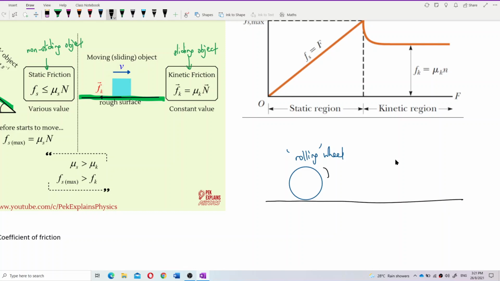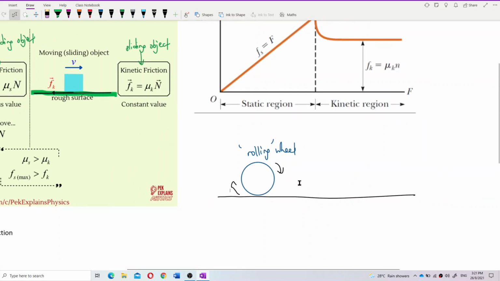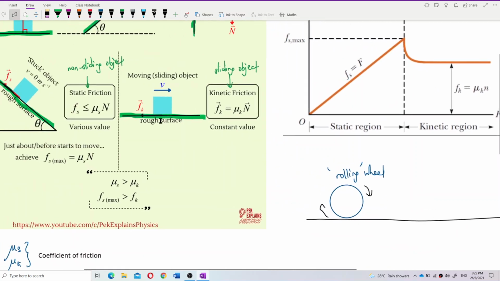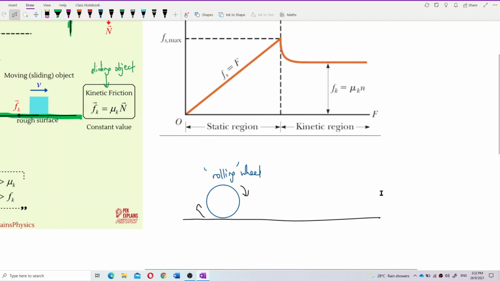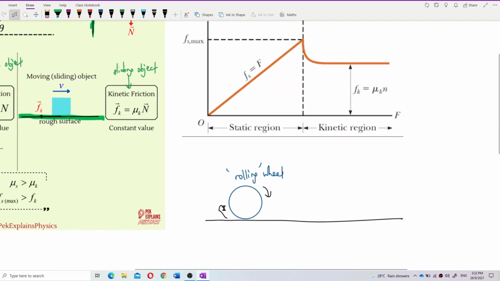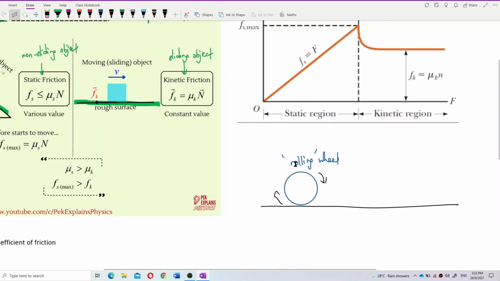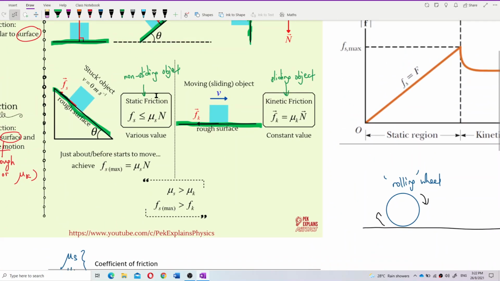What I want to ask you, this rolling wheel, is it experiencing static friction or kinetic friction? What kind of friction does it experience? What I can say is, if it is still rolling, we say it experiences static friction.